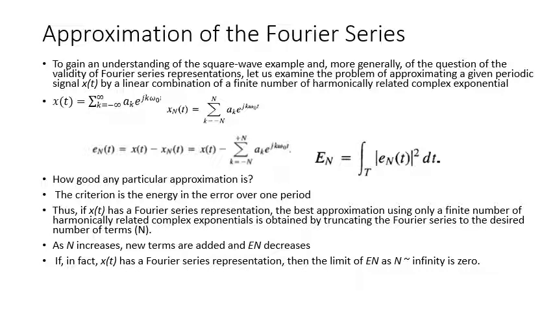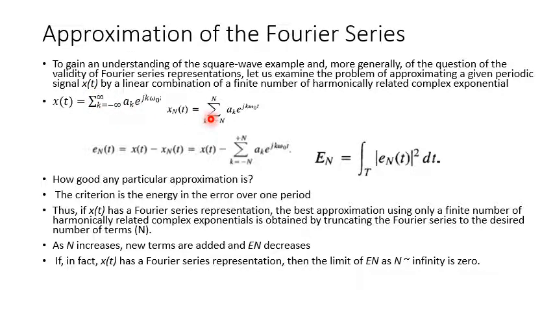To gain understanding of the square wave example, and more generally of the validity of the Fourier series representation, let's examine the problem of approximating a given periodic signal by a linear combination of a finite number of harmonically related complex exponentials. To reconstruct the original signal we need the coefficients k running from -infinity up to infinity.